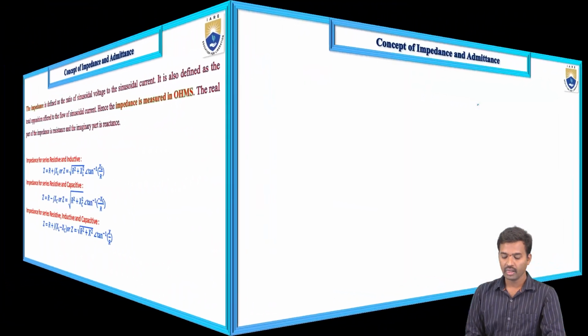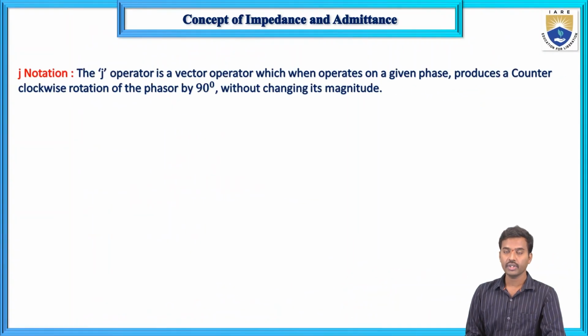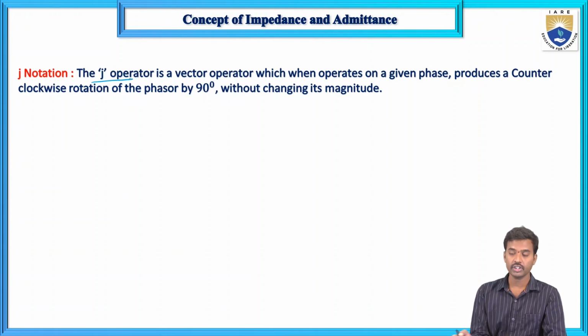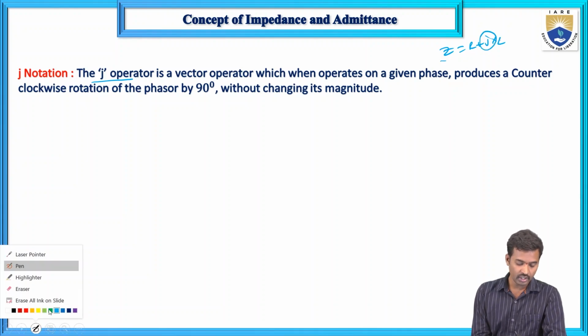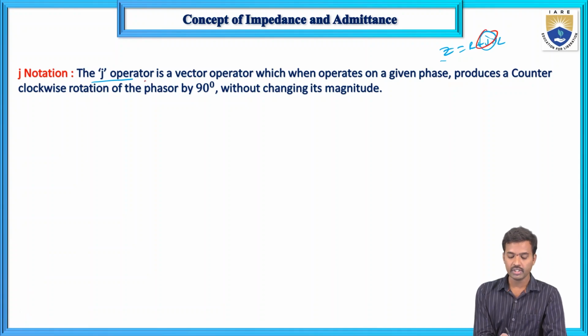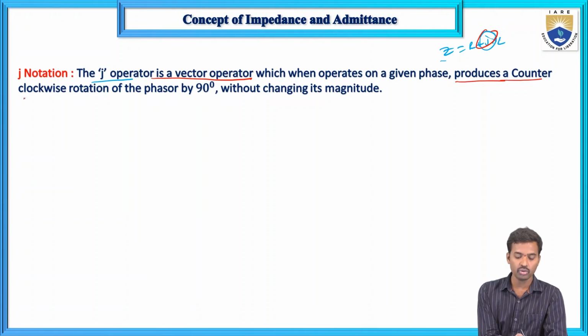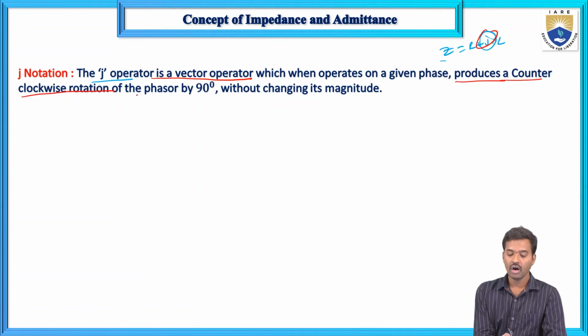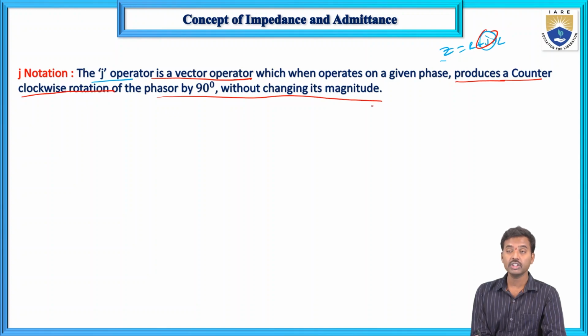Now the j notation: Z equals R plus jXL. What is meant by this j notation? The j operator is a vector which, when it operates on a phasor, produces a counterclockwise rotation of the phasor by 90 degrees without changing the magnitude.